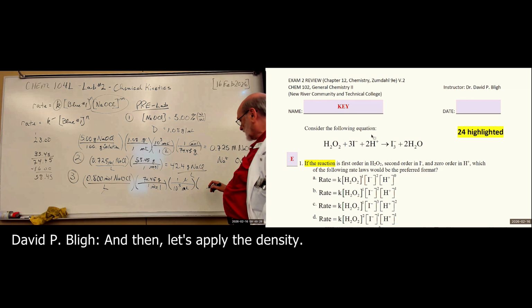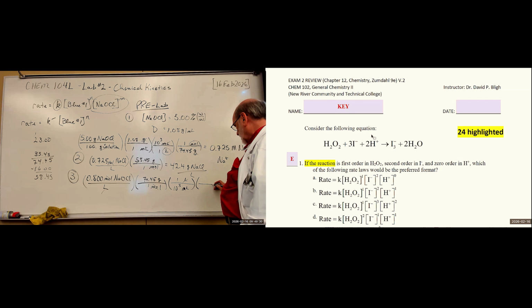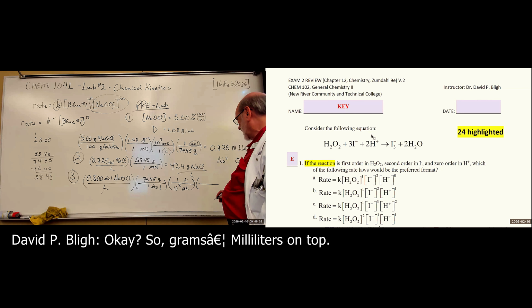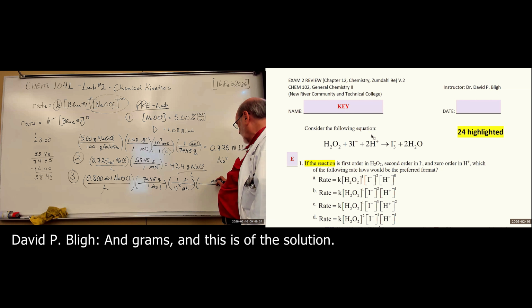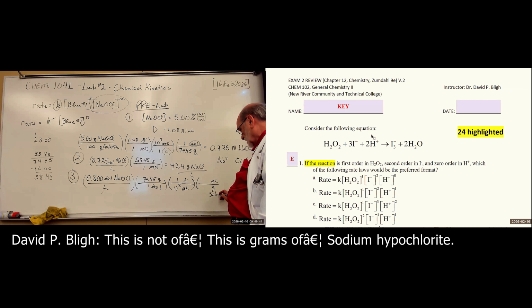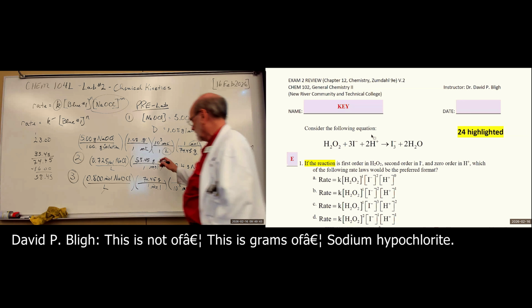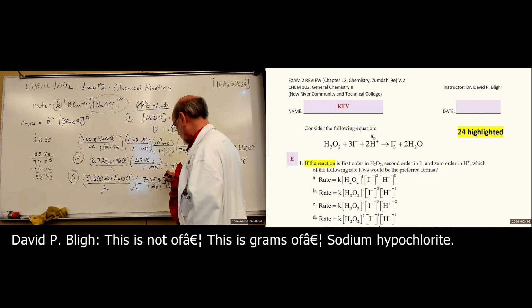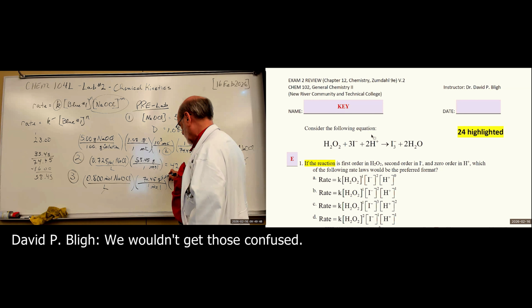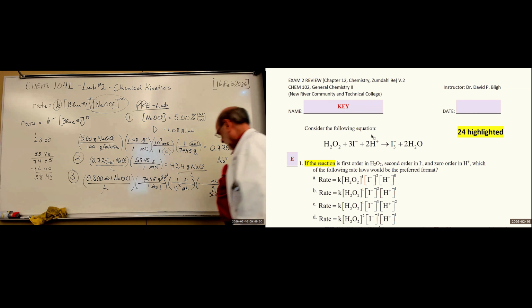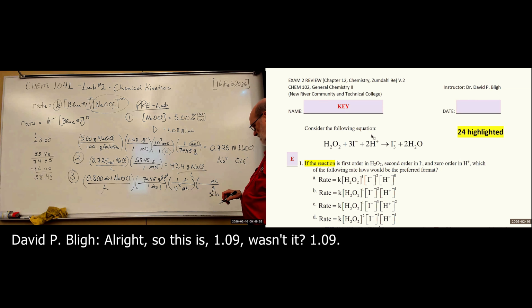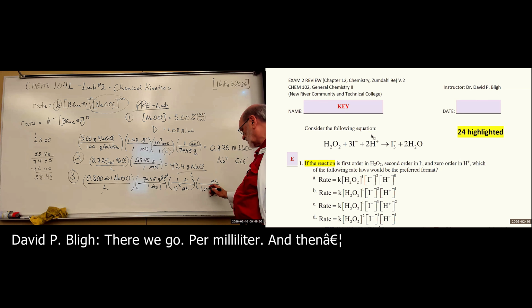And then let's apply the density. Okay, so grams, milliliters on top, and grams, and this is of the solution. This is not of, this is grams of sodium hypochlorite. I don't want to get those confused. All right, so this is 1.09, wasn't it? 1.09 per milliliter.